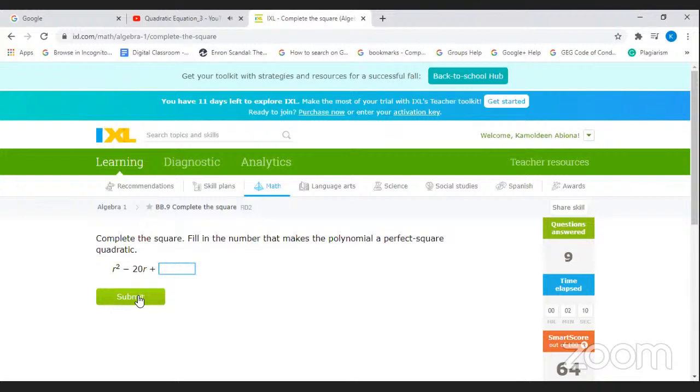So the next one, half of minus 20 is what? Minus 10. Minus 10 squared will give us 100. Half of minus 6 is what? Minus 3. Minus 3 squared will give us plus 9.